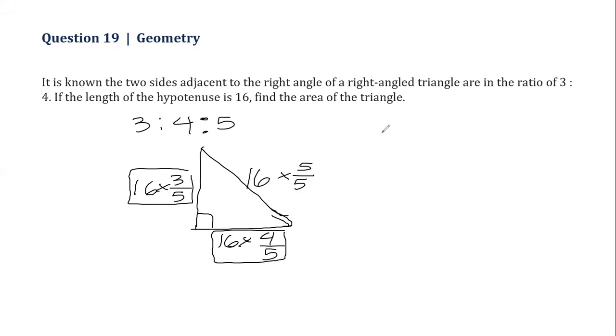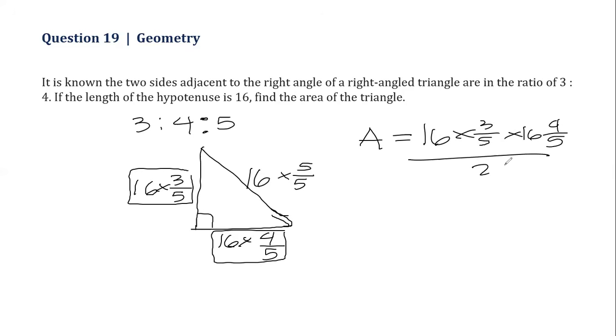So what would then be our area? It's base times height, so the area is base times height over 2. Basically we're just going to multiply this and this and divide the entire thing by 2. This will give us 16, so 8 times 3, 24, times 64 over 25.